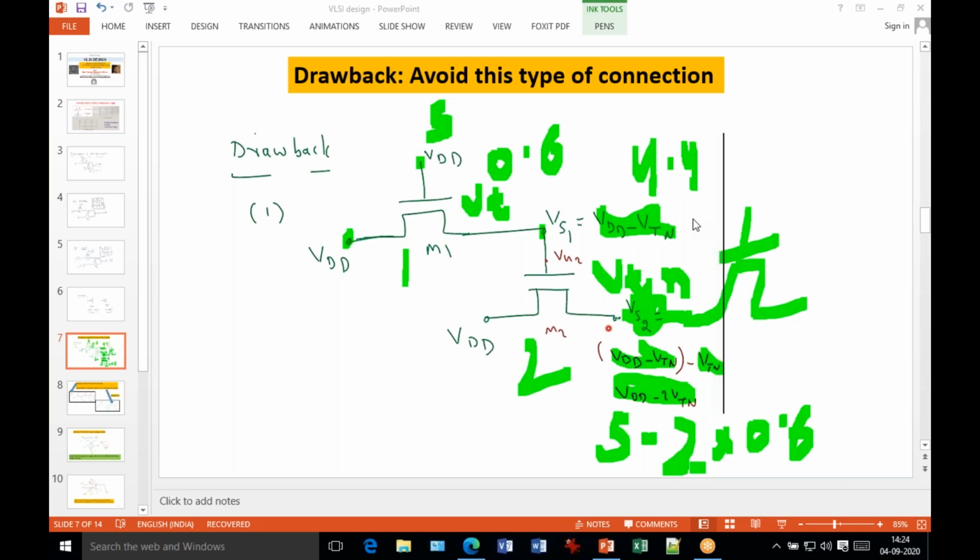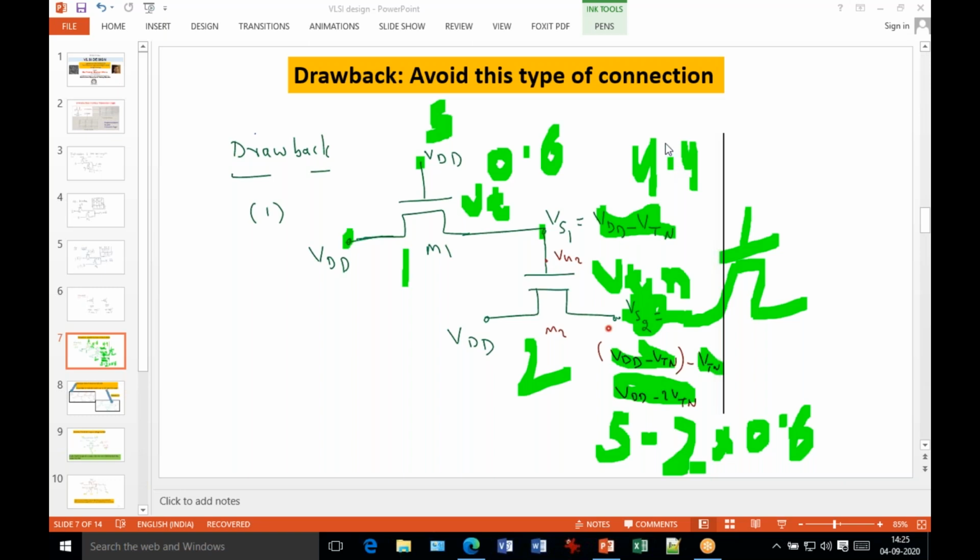So in the next lecture, I will discuss another beautiful technique, and then you will understand your output voltage is not degraded. It holds the value, whatever your input value, maybe 5 volt, then you get the full swing. Your output voltage is also 5 volt. So that is for today's lecture.